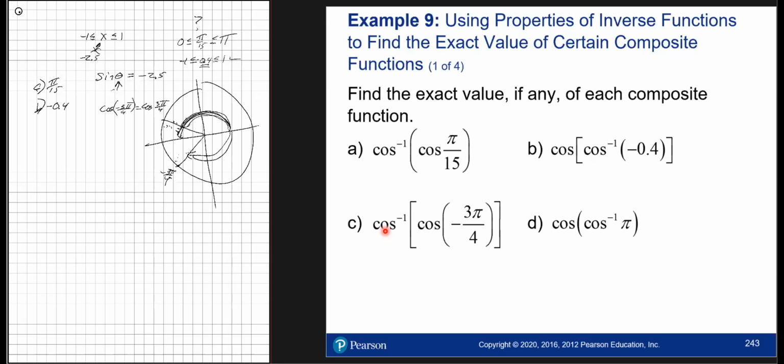And yeah, you get negative 0.52 radians. They should have said radians there. So here we're going to deal with tangent, because the tangent of theta is going to equal 5. Oh, I see what they did.